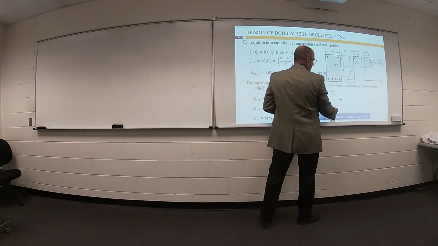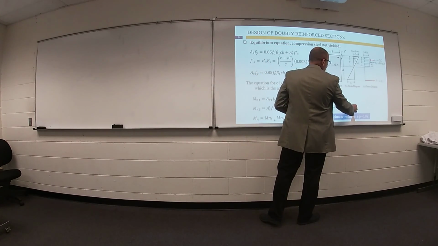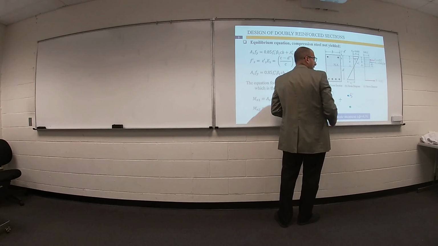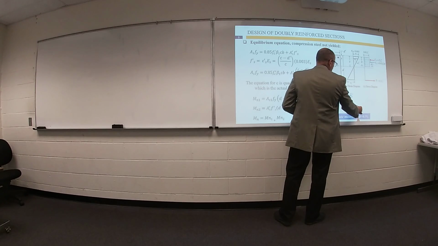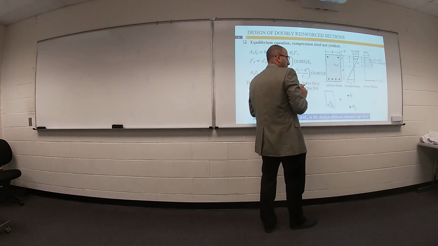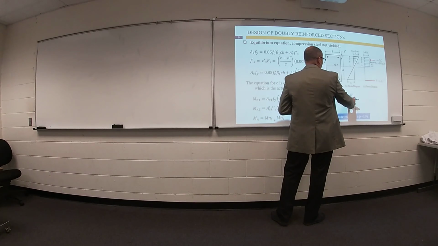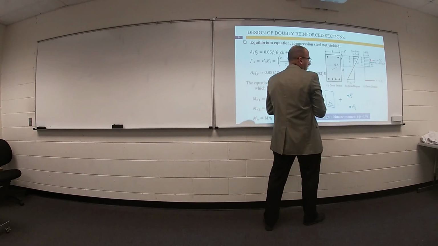Then the remaining of steel with compression steel. So we have area steel prime with area steel 2 as the second part. Remember, this part plus this part equals the whole cross section.